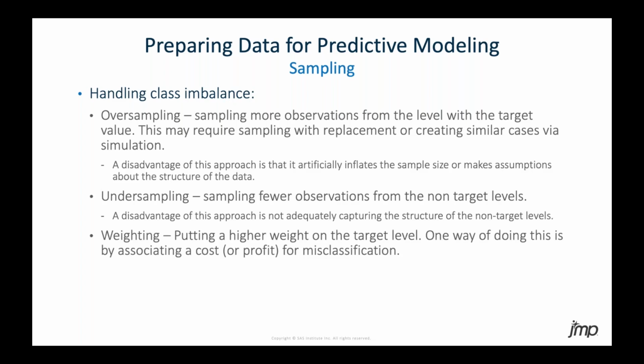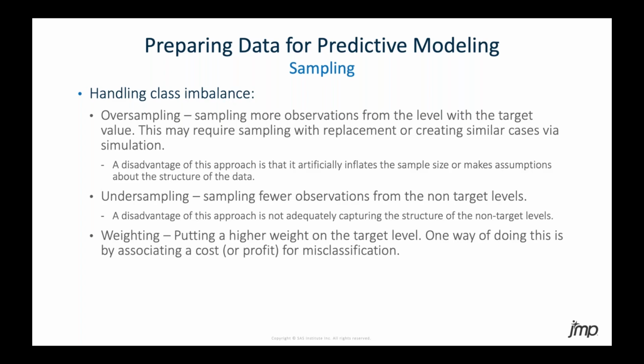A third approach, and this is good when it can be implemented, is to put a higher weight on the target level. Now one way this is often done is by assuming that there is some cost or profit associated with misclassification. All right. So, for example, I know how much a mailing costs in my direct mailing. I know how much, let's say, the average or median donation is.